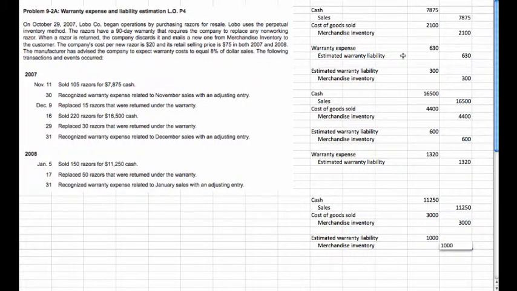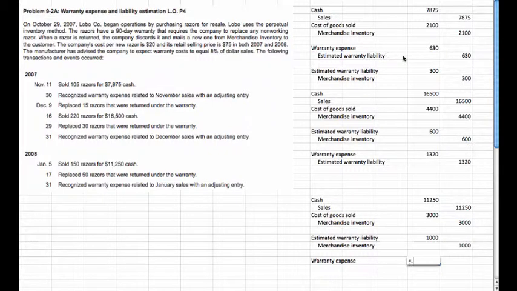For the $1,000. And then the very last transaction here is that we're going to recognize the warranty expense. So debit warranty expense. And again, it's 8% of the sales times the sale. Oops, my formula didn't work, so let's try it again.